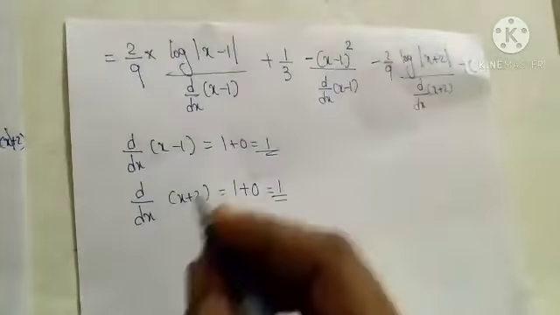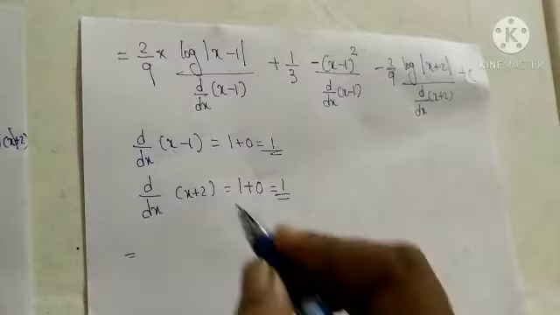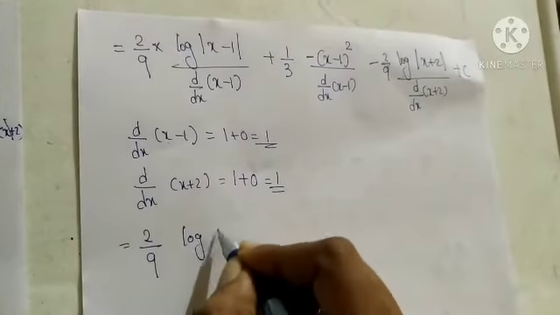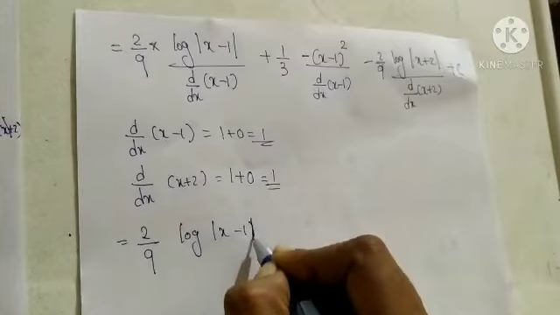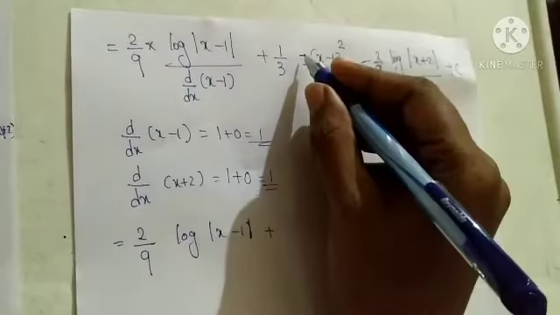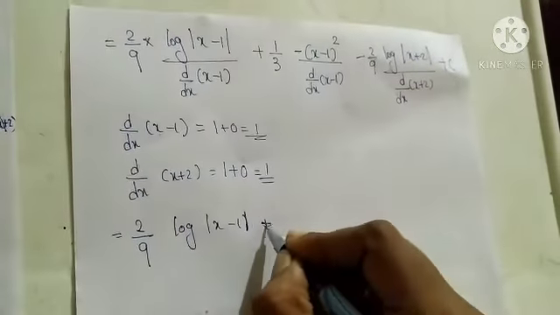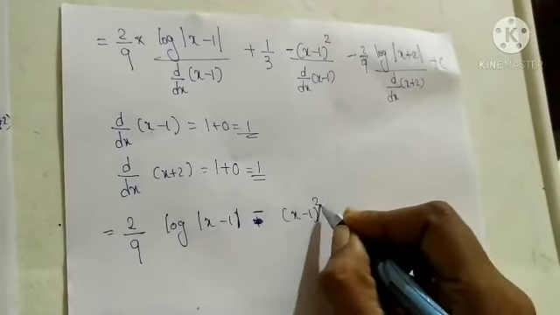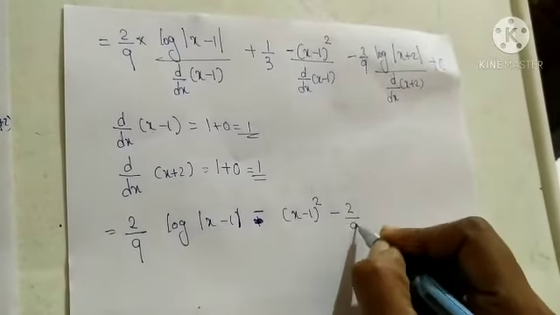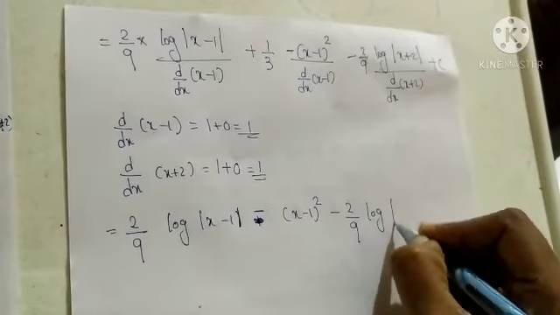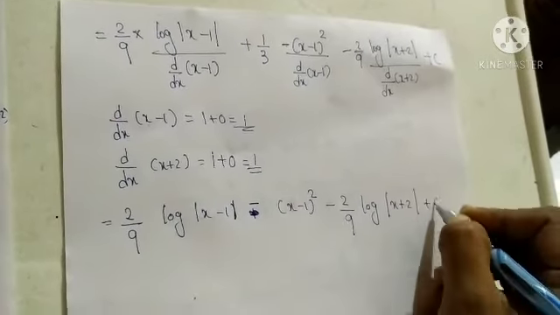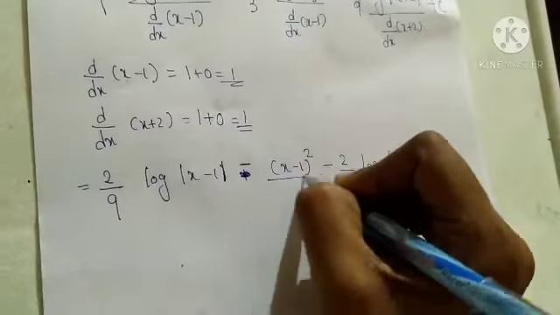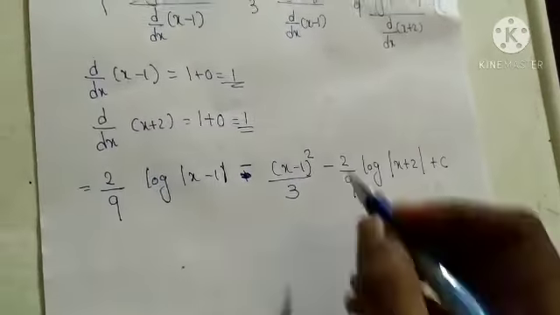So substituting all these derivative values in the above step, here we get 2 by 9 log mod x minus 1, plus and minus will become minus here, 1 by 3 times (x minus 1) all square, minus 2 by 9 log mod x plus 2 plus c. Here also write this 1 by 3.